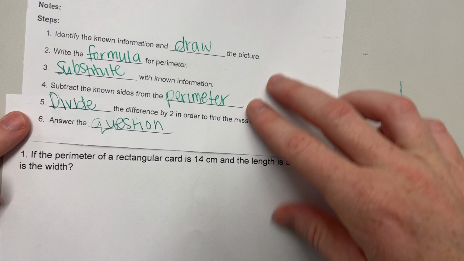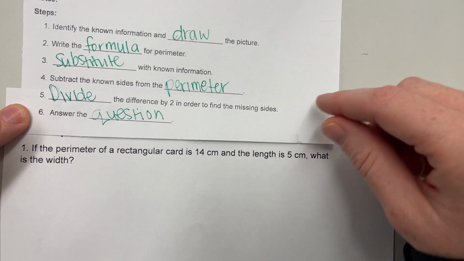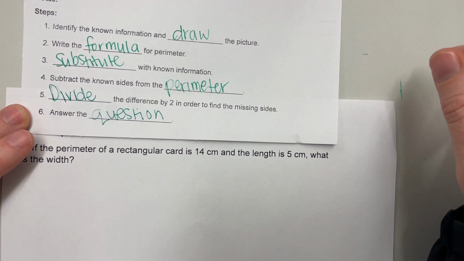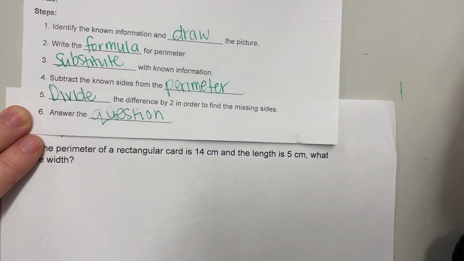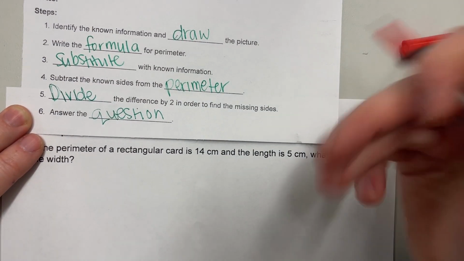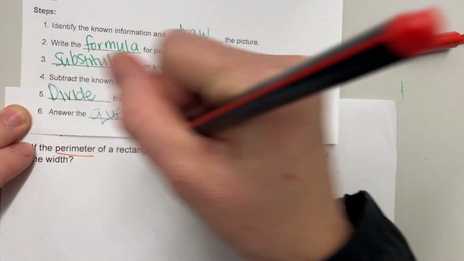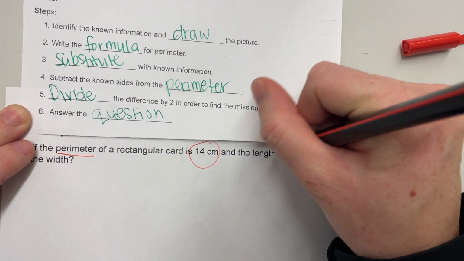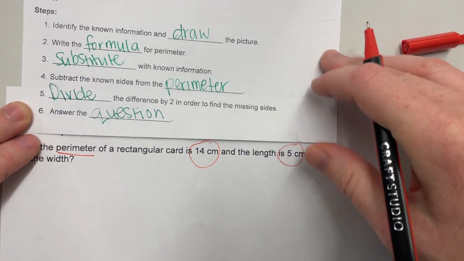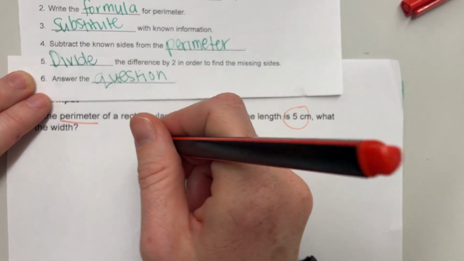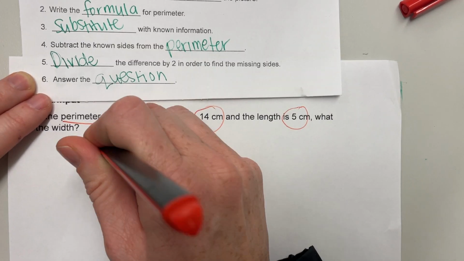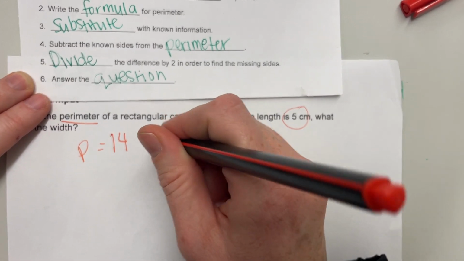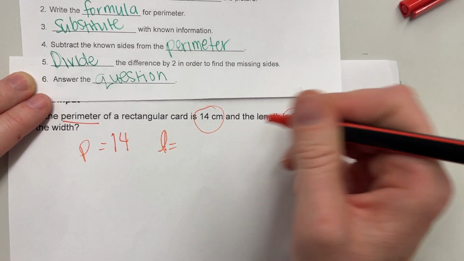So I have my steps and I have my question. My first question says, if the perimeter of a rectangular card is 14 centimeters and the length is 5, what is the width? Okay, so I'm going to write 14 equals P, and then length equals 5.